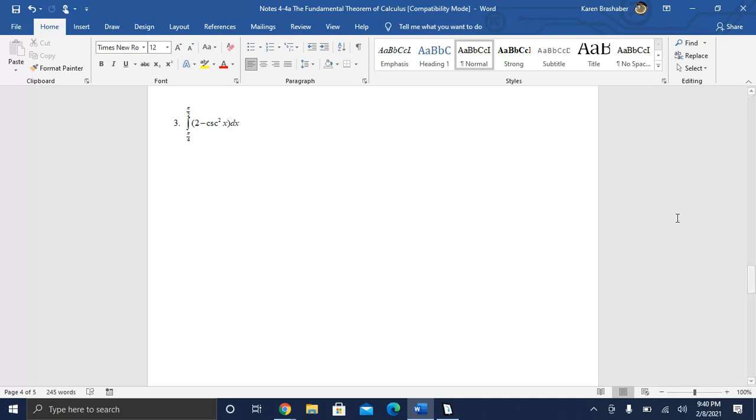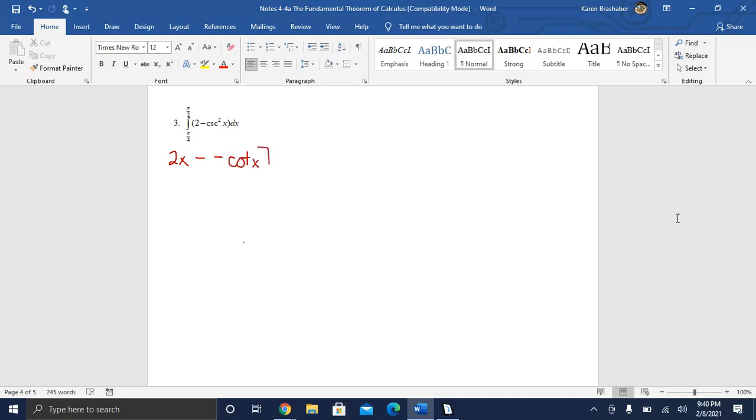There's no need to do any kind of a rewrite on this, so we can dive right into doing the antiderivative. So the antiderivative of 2 is 2x, and then the antiderivative of cosecant squared of x is actually negative cotangent of x. So we have minus negative cotangent of x.